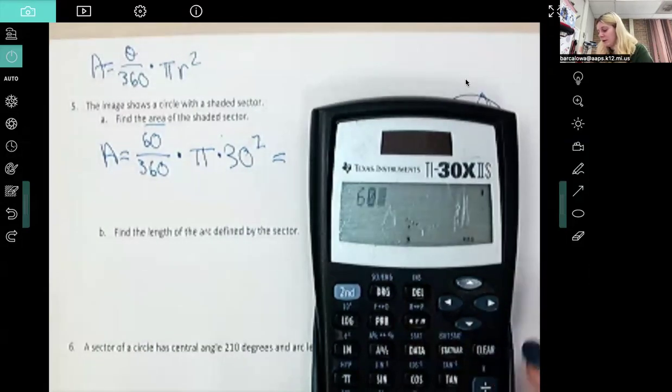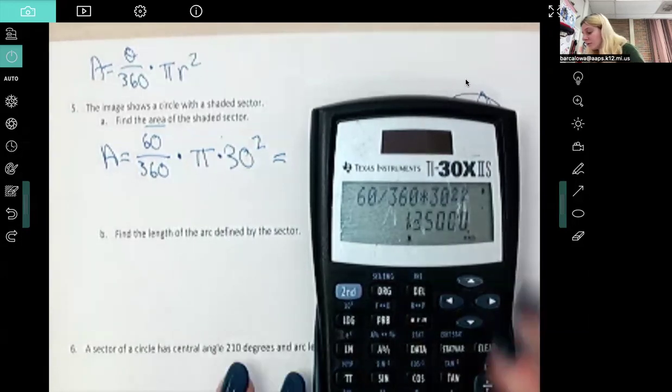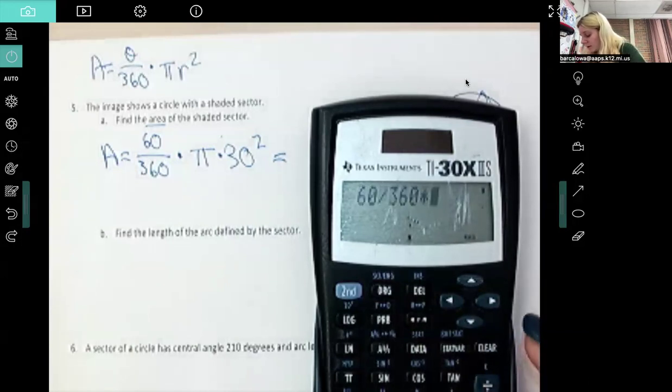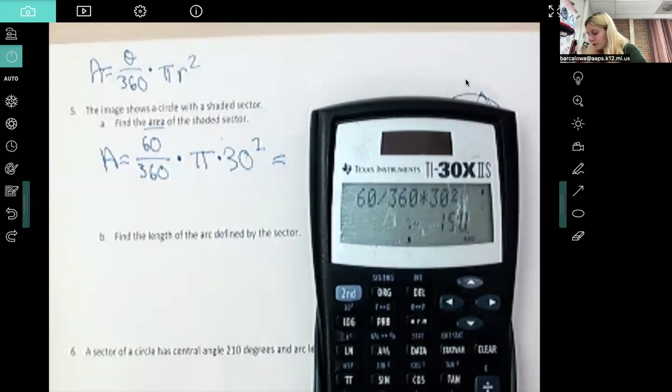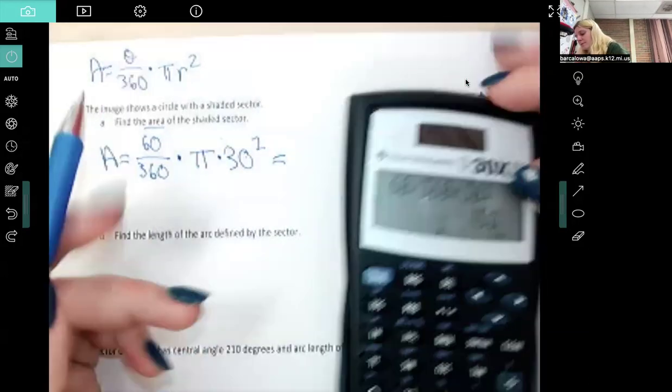So 60 divided by 360 times 30 squared. Oh, I double squared it. My students know this, but whenever we take tests, I always say check your work. That's what I mean. Did that number make sense? You should be checking as you go. Okay, 150 pi.